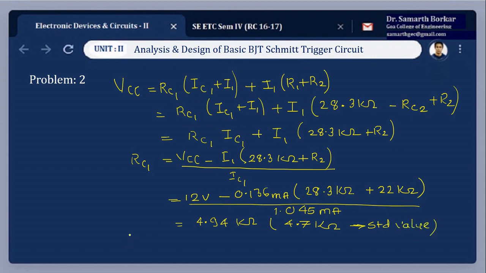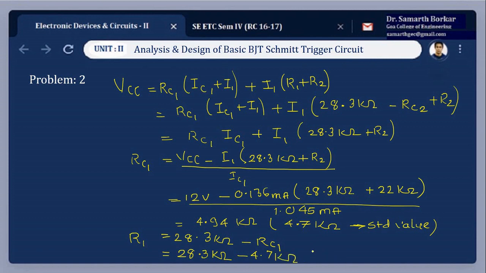So from the previous expression, R1 is equal to 28.3 kilo ohms minus RC1, and from the previous step we got the value of RC1 as 4.94. And instead of 4.94 what we have used is 4.7. So you substitute here.